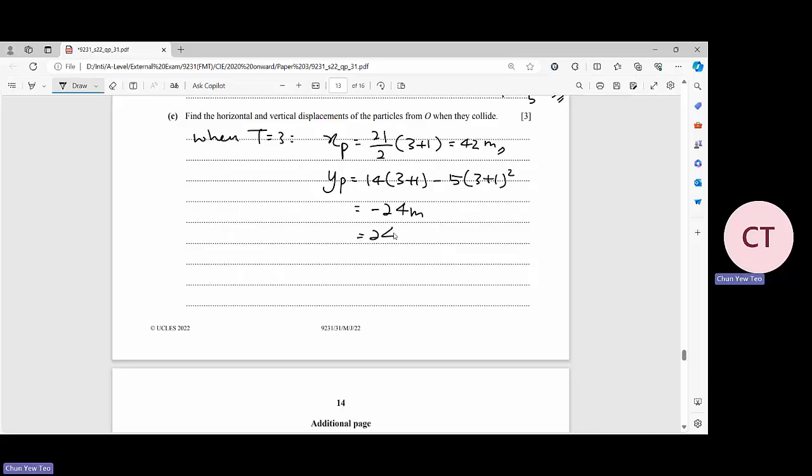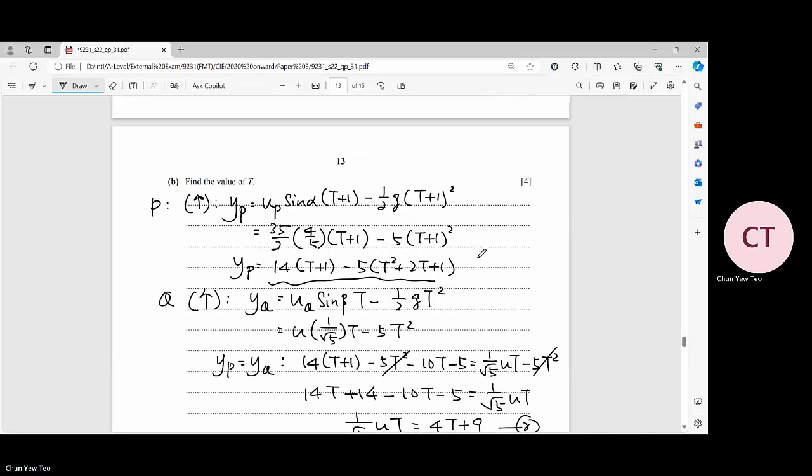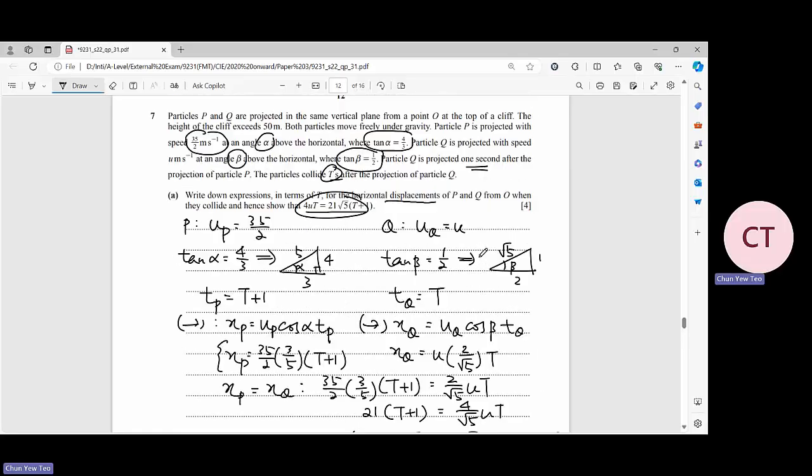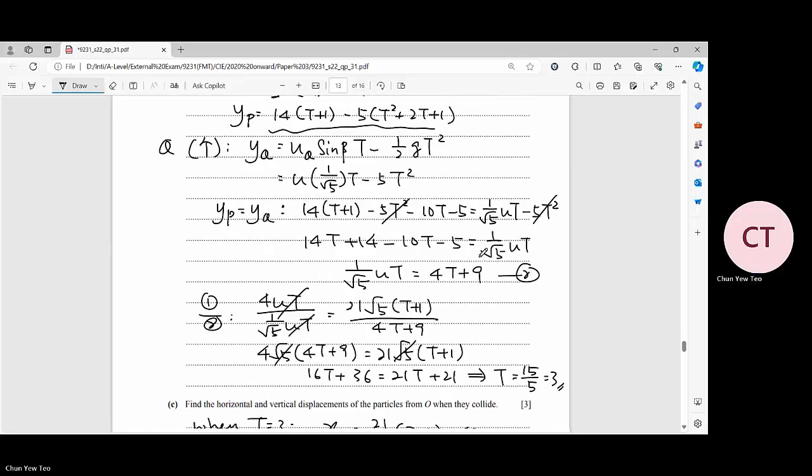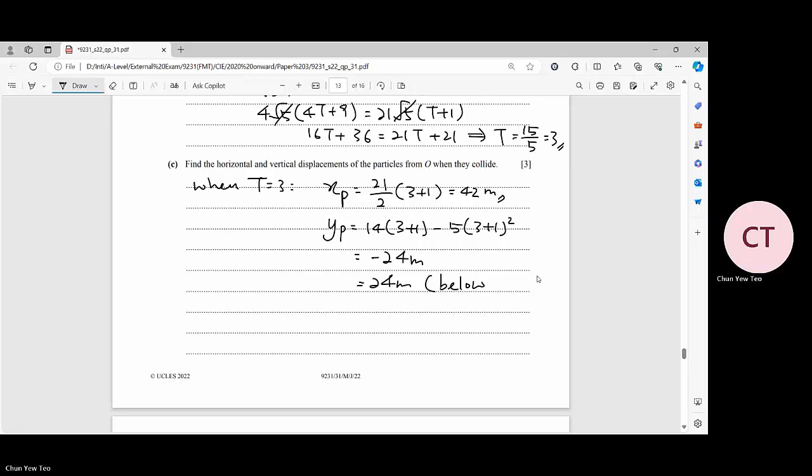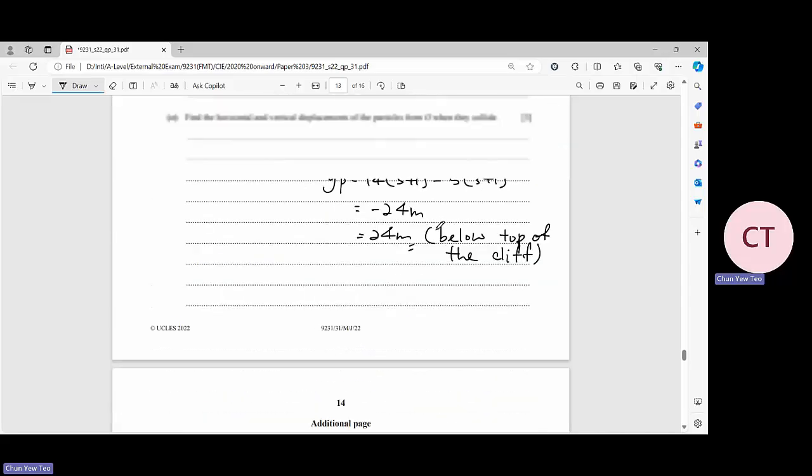So it's 24 meters, but below the top of the cliff. Okay, so that will be the answer for question number 7C, and this will be the last question.